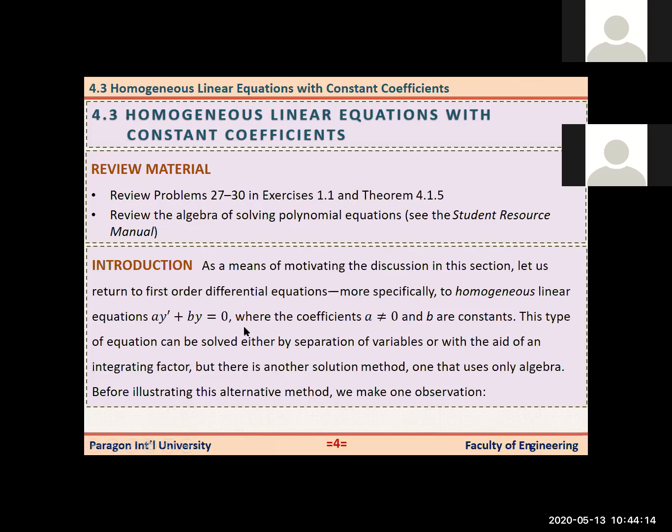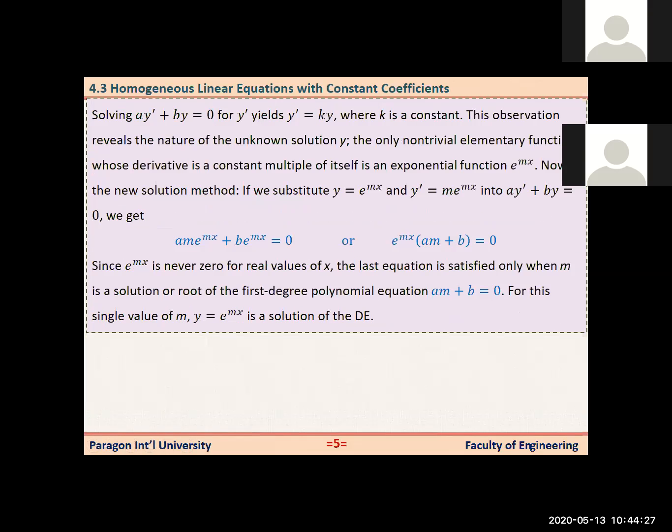All right. Now we solved this kind of equation in the previous chapters: ay prime plus by is equal to 0, right? Now to solve this one, what did we do there?